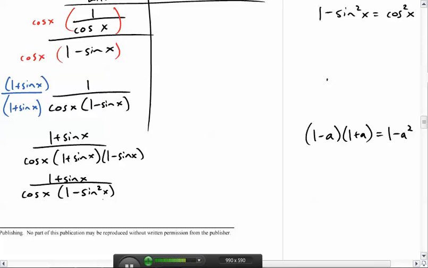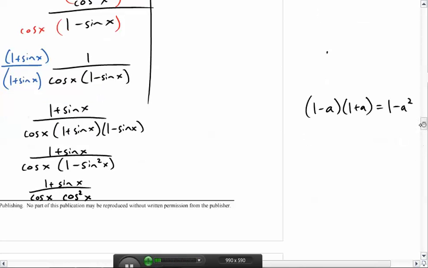And 1 minus sine squared is the same as cos squared, because cos squared plus sine squared is 1. Cos squared times cos is cos cubed. So that's how I can turn the left-hand side to the right-hand side. It's just another way of solving the problem.